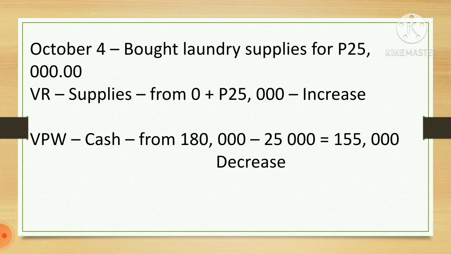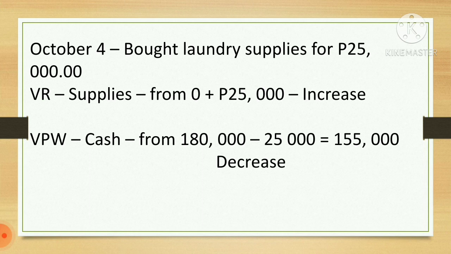So from 180,000 pesos, 25,000 from that was used to pay for the supplies. So that's 180,000 pesos minus 25,000 pesos, that's equal to 155,000 pesos. Now, what happened to the cash? Was the cash increased or was it decreased? Of course, it was decreased.